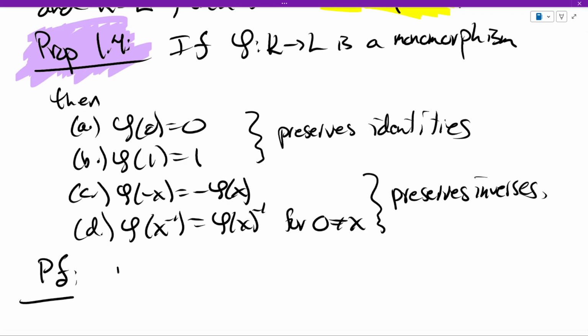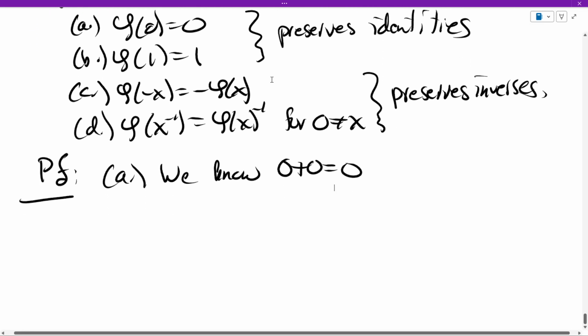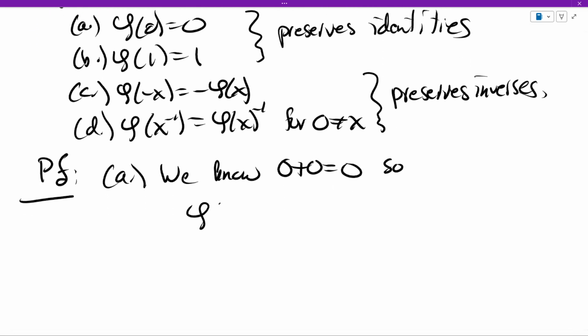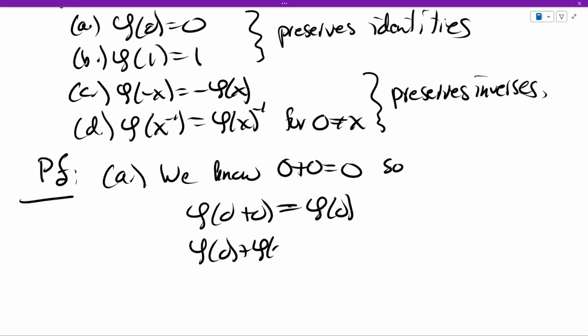Proof. Well, let's start with A. We know 0 plus 0 is 0. So phi of 0 plus 0 is phi of 0. Why? Well, it's the same input, so of course the output has to be the same. But the left-hand side we can rewrite using compatibility with addition.